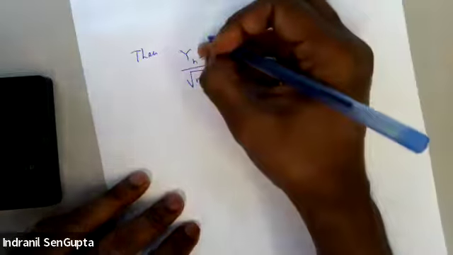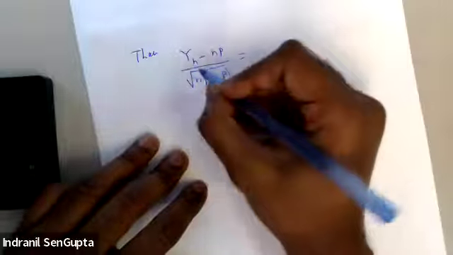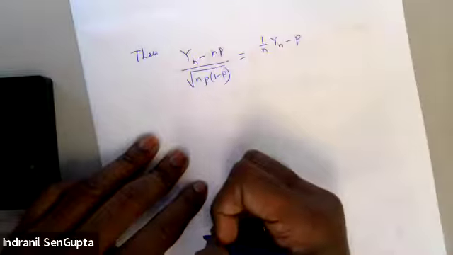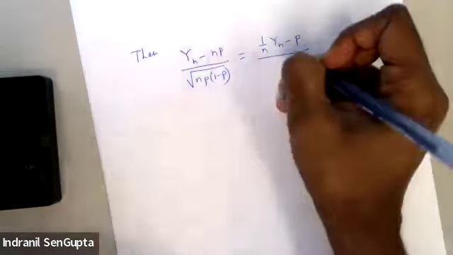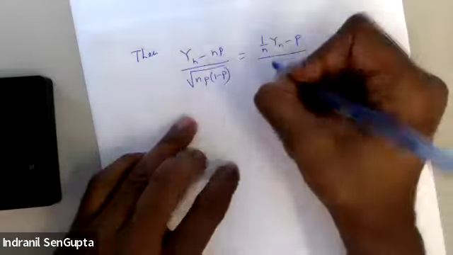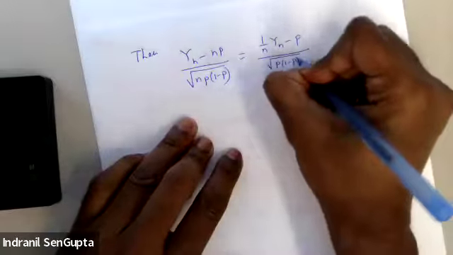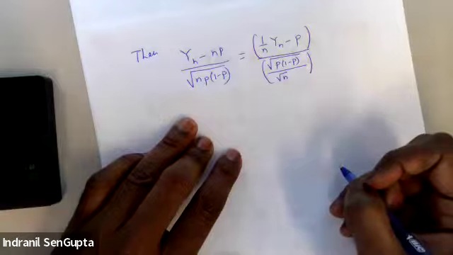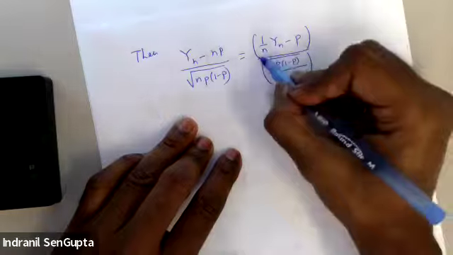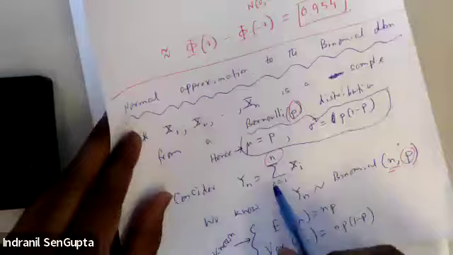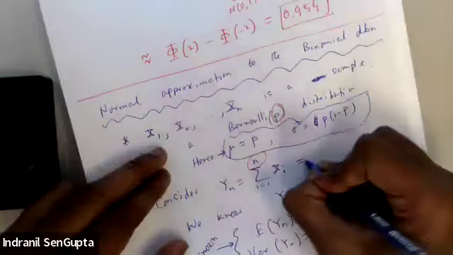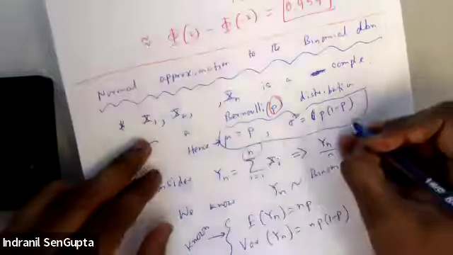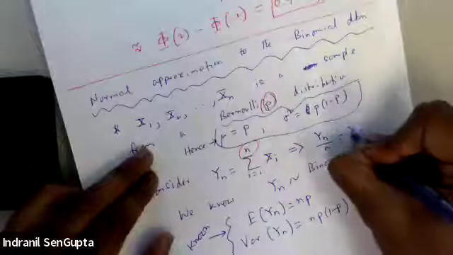Let's massage this a little bit. I can write this as, if I divide by n, 1 over n yn minus p, and in the denominator, square root of p times 1 minus p over square root of n, right? So I divided the numerator and denominator by n. Now, what is yn over n? For this sample, yn over n is equal to 1 over n summation of the xi, which we denote as xn bar.